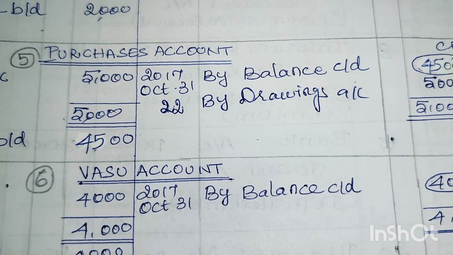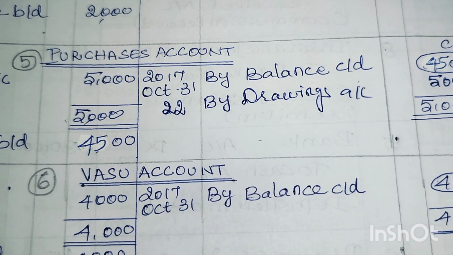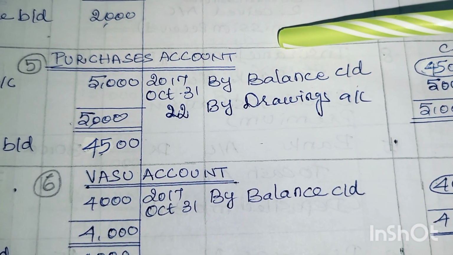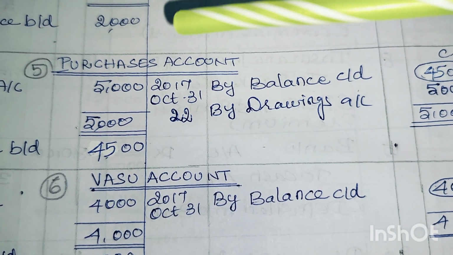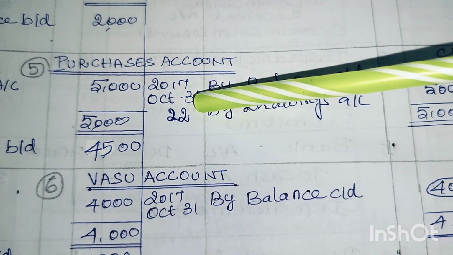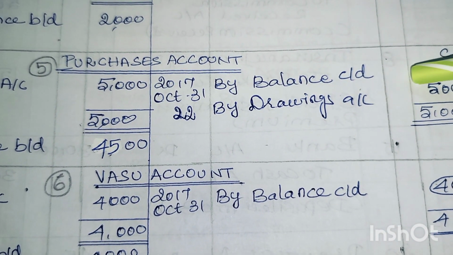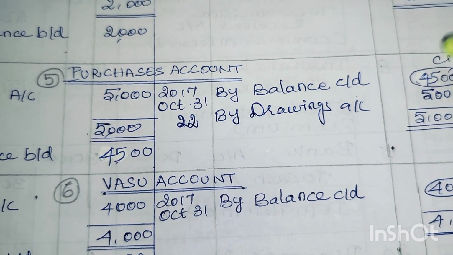Then balance carried down is to be entered in the particular column against the difference, and in the date column the last day of the accounting period is entered, that is October 31. This is the closing balance of the purchases account.